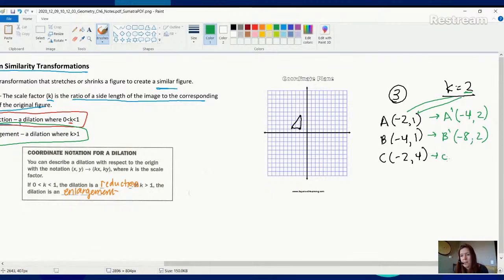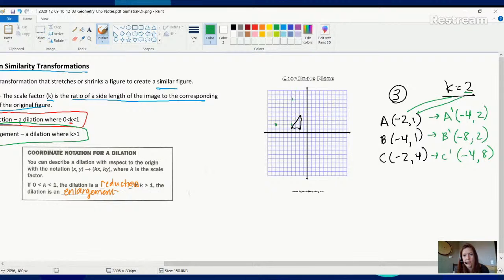And my new C prime is going to be 2 times -2, which is -4, and 2 times 4, which is 8. So if I go ahead and plot those, my new A is going to be at -4, 2, right here. My new B is going to be at -8, 2. And my new C is going to be at -4, 8.